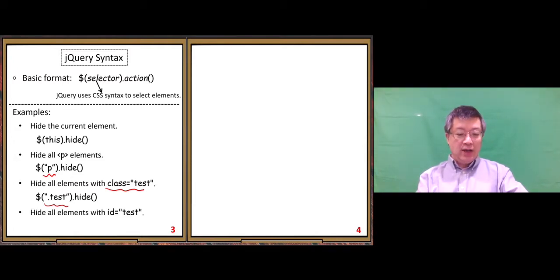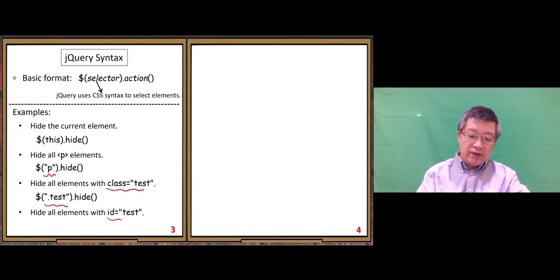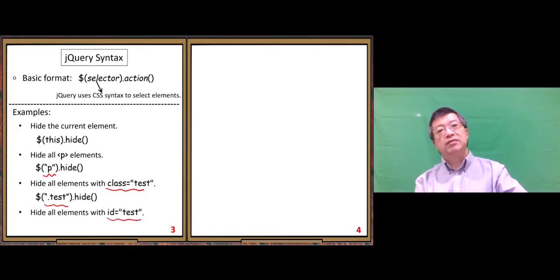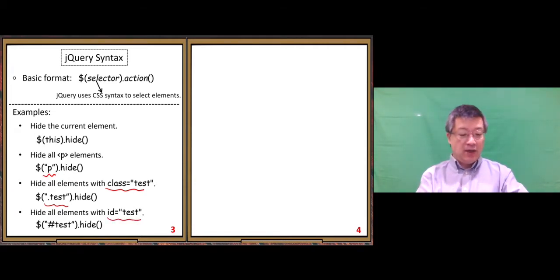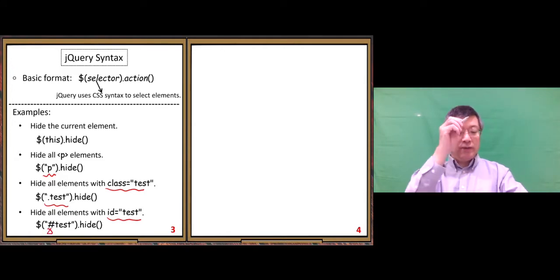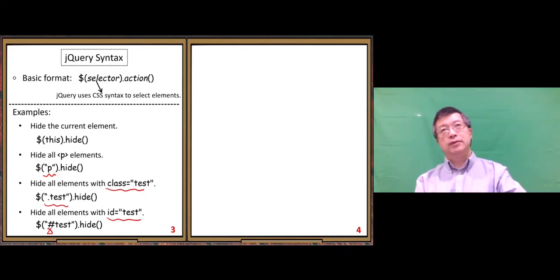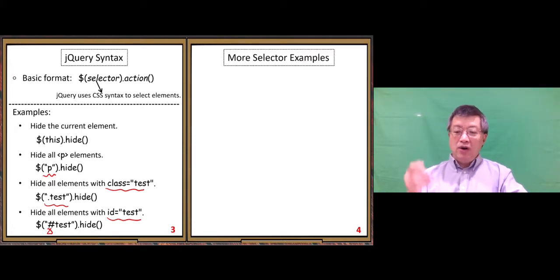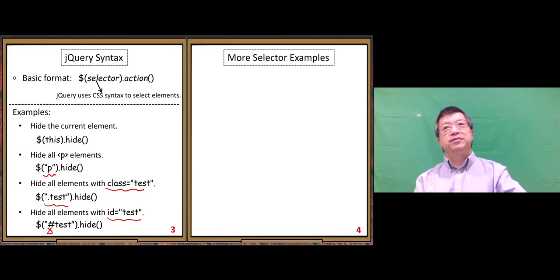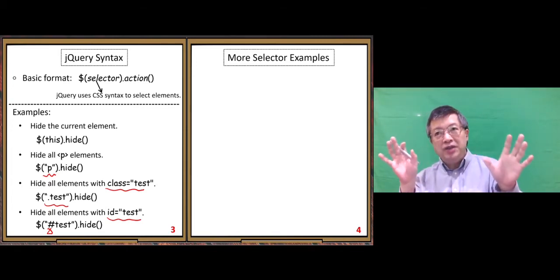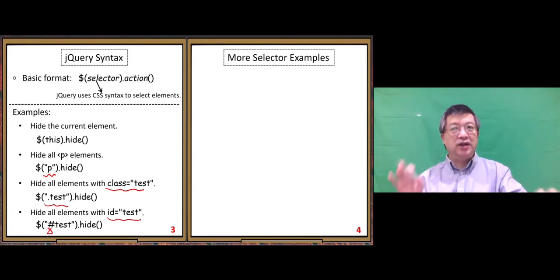Next one, ID equals test, the CSS way, hash sign test, select ID. More selector examples. We can use many different combinations to select elements.